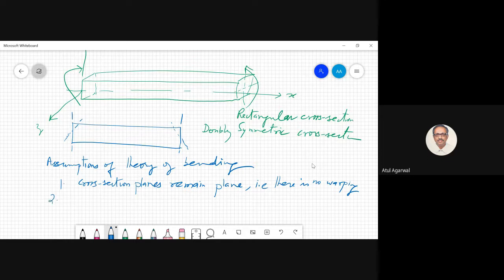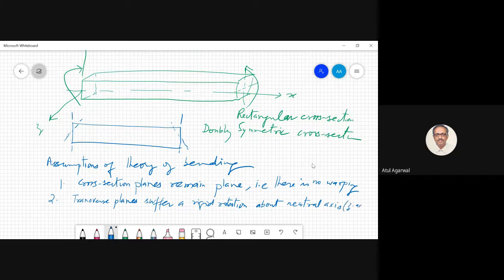Number 2. Cross-sectional planes, or you can call them transverse planes, suffer a rigid rotation about the neutral axis. And what is your neutral axis here?